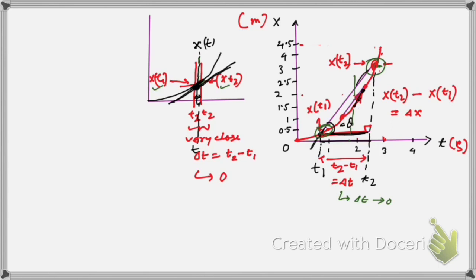Okay, this chord I am talking about, joining x(t2) and x(t1), when they are brought very close to a position x, which is x at a particular time t. Suppose this is the curve, this is the chord. When these two points are brought very close, like this.